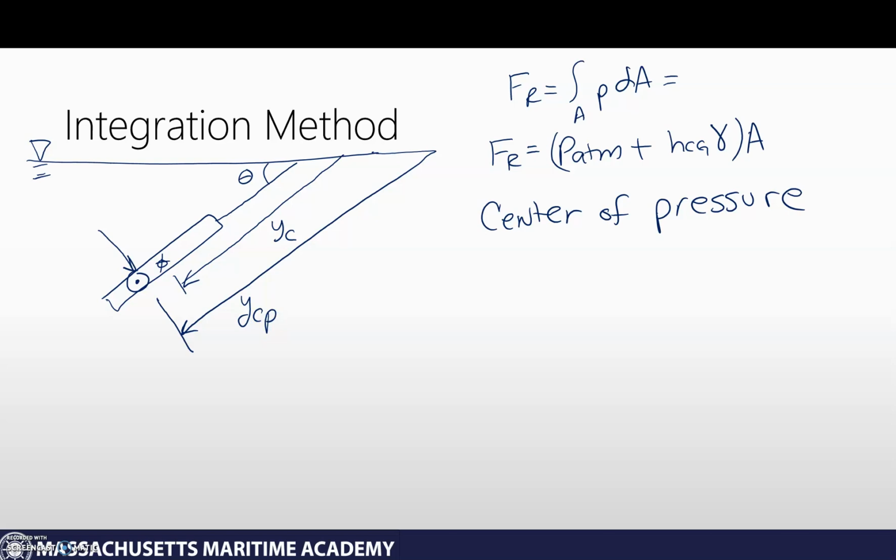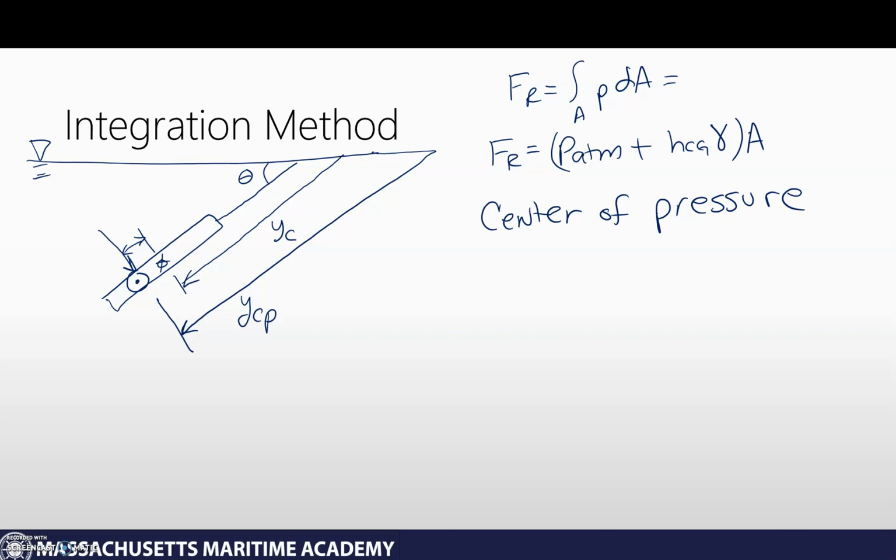This could be a little bit confusing because in your book, when they talk about YCP, they're talking about the distance between the center of gravity and the center of pressure. So you just need to pay attention to where you're pulling your equation from. At this point, it's just a simple equation; I'm not going to have you derive it.